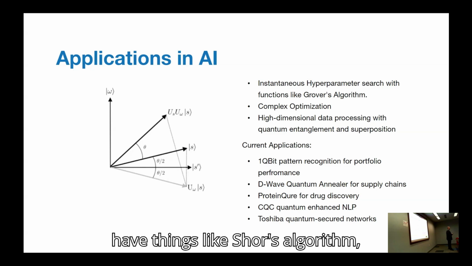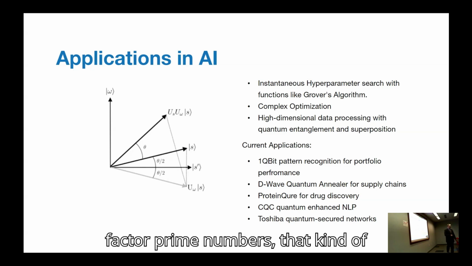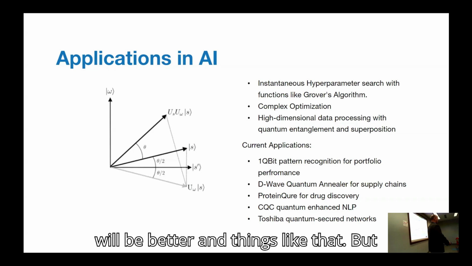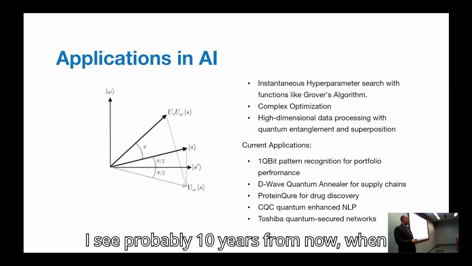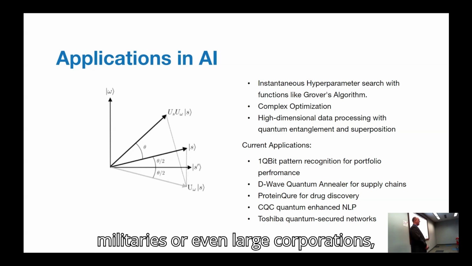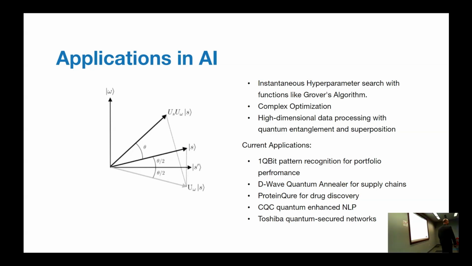Whenever we have things like Shor's algorithm, Grover's algorithm, where we can quickly factor prime numbers, that kind of tears up our current cryptography. There's some approaches where they say this will be better. But I see probably 10 years from now, when you're talking about governments or militaries or even large corporations, they will not transmit their data on anything except for quantum.